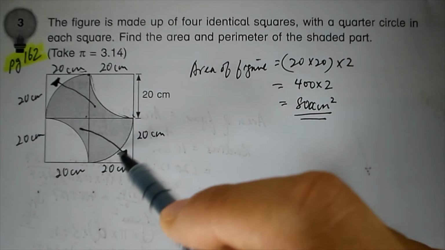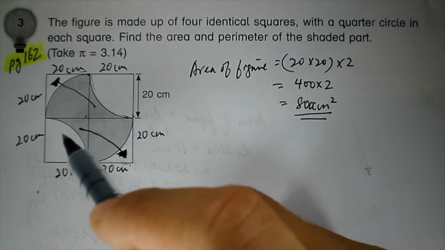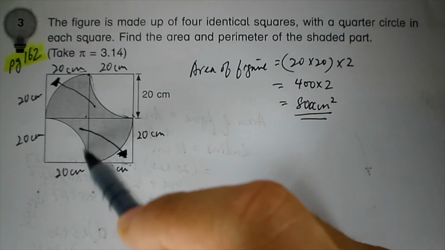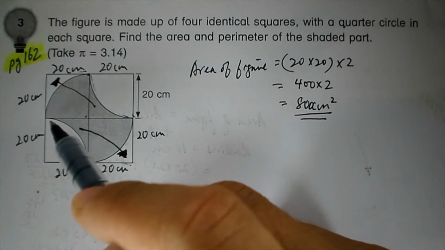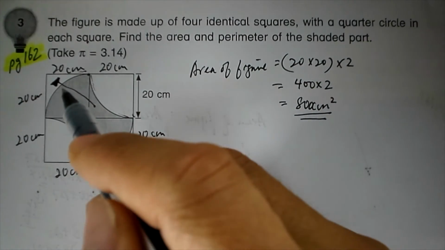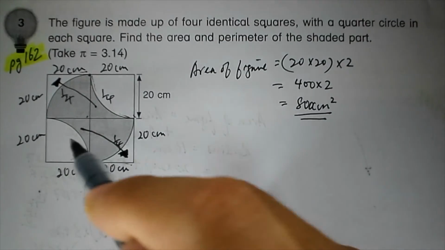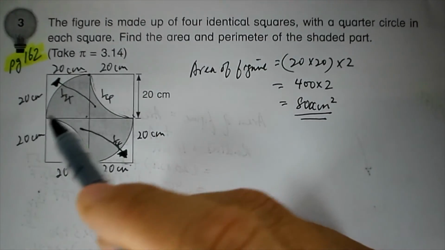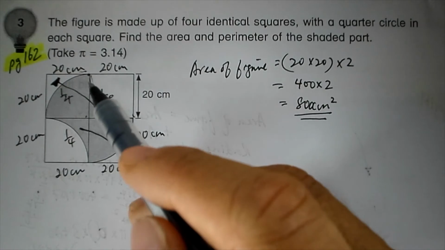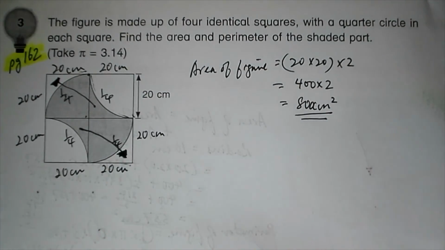The third one is the shaded part of a quarter circle, and the last one, again, is part of an unshaded quarter circle. In other words, if you have 1 quarter, 2 quarters, 3 quarters, and 4 quarters of a circle, we end up with one complete circle.